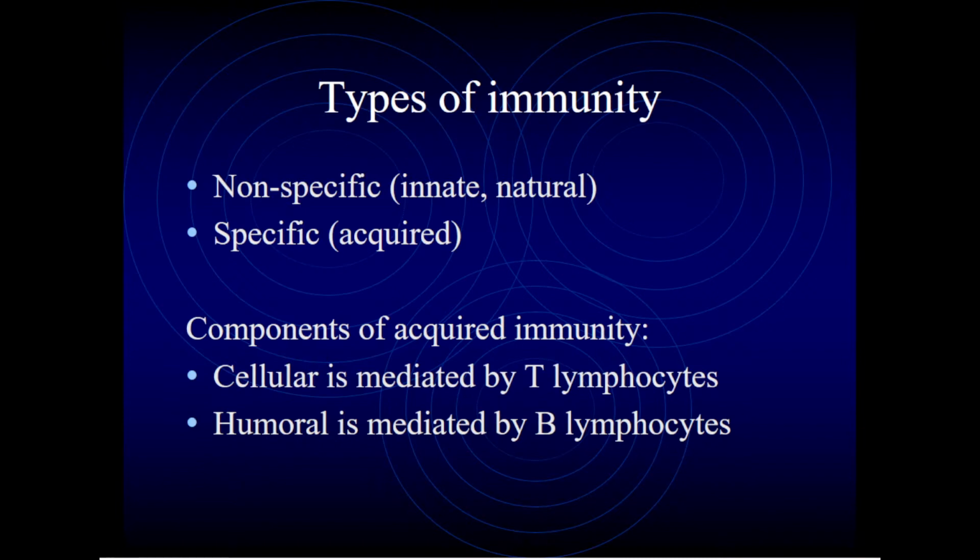The acquired immunity has 2 components. Humoral immunity, which is mediated by B lymphocytes, and cellular immunity, which is mediated by T lymphocytes.